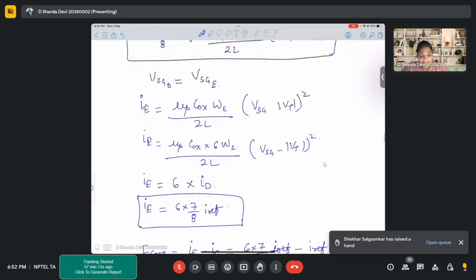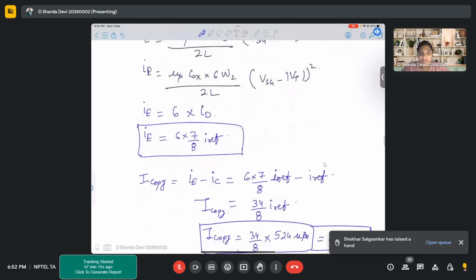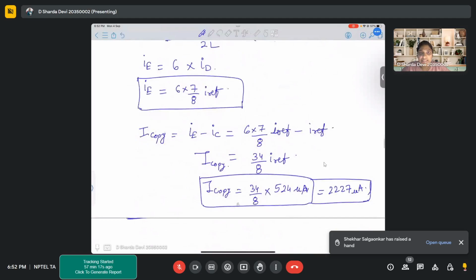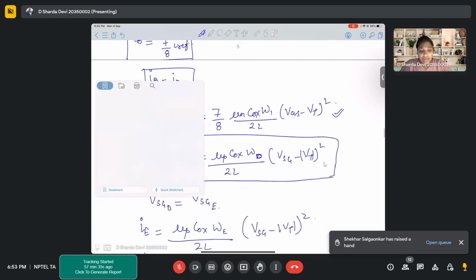Any further doubts in this type of problem? They might appear very critical because of the number of transistors. We can have 10, 12 transistors also, and we can find the currents in the last branch through these mirrors. Ma'am, E and D are the mirror image of each other, correct?